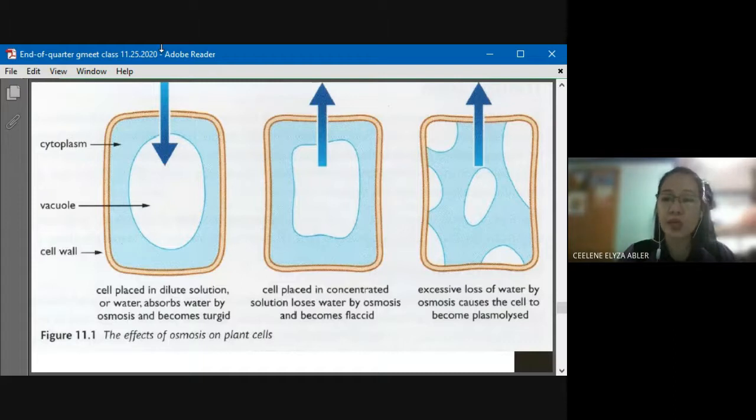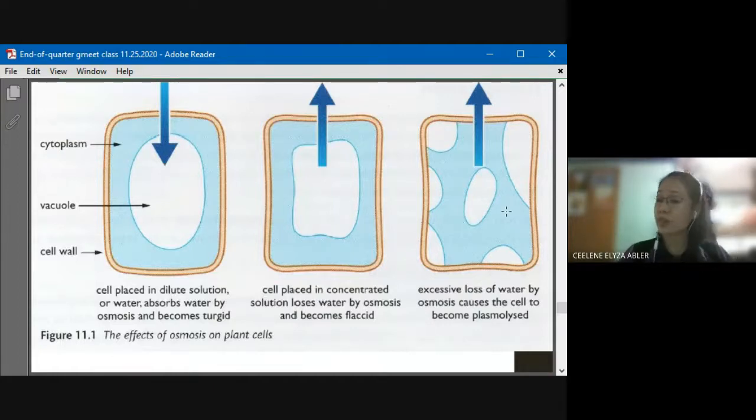Remember, water is a solvent, and osmosis happens about a solvent. Go back to that. So that is what happens to a plant that becomes turgid, becomes crispy. When you break the stalk of a plant, it's crispy. It has a crunch sound.